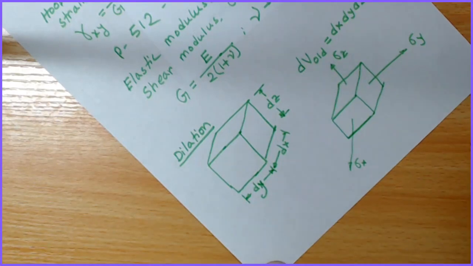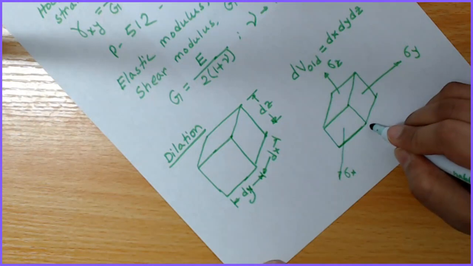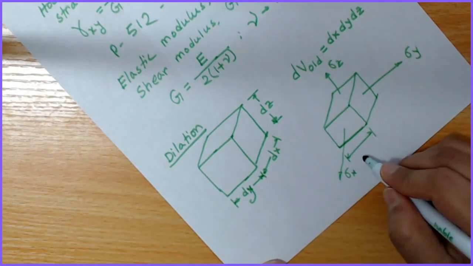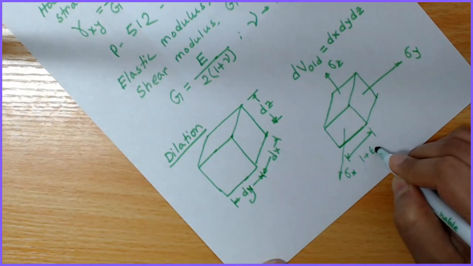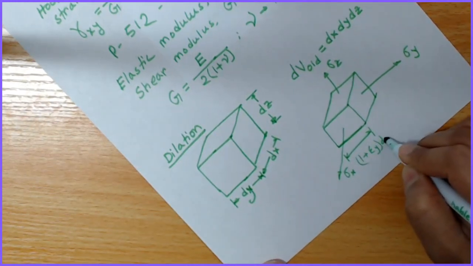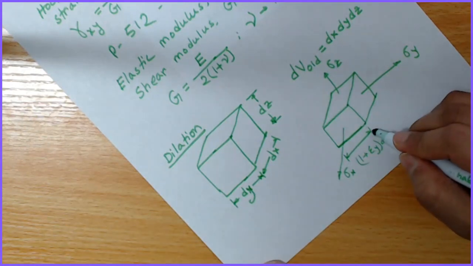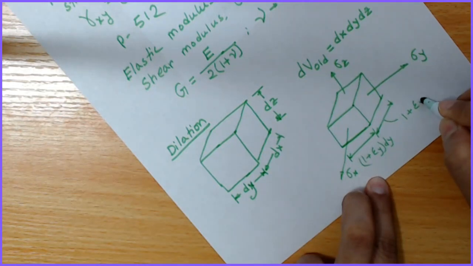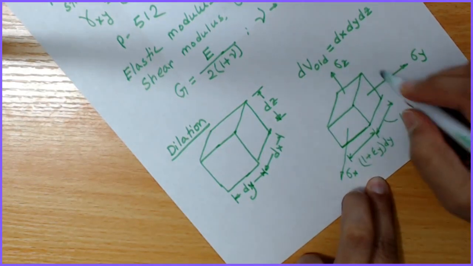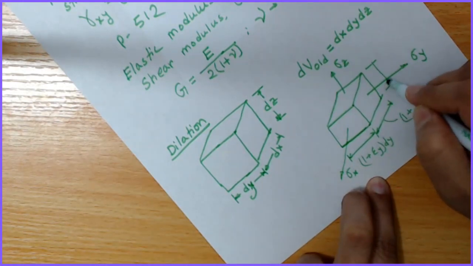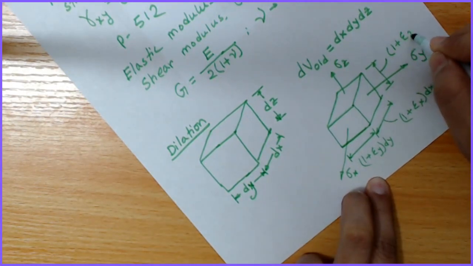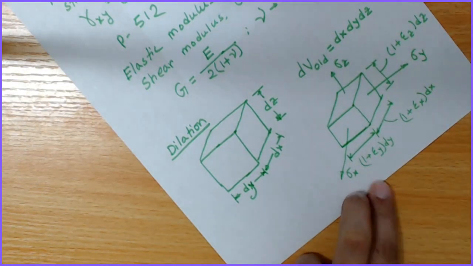Now this length is changed to 1 plus epsilon y times dy, and this length is 1 plus epsilon x times dx, and this length is 1 plus epsilon z times dz.